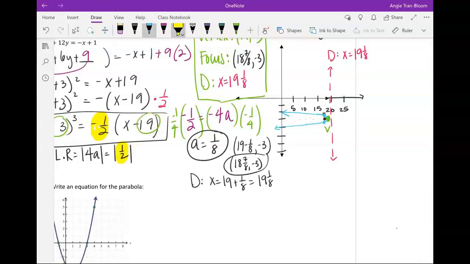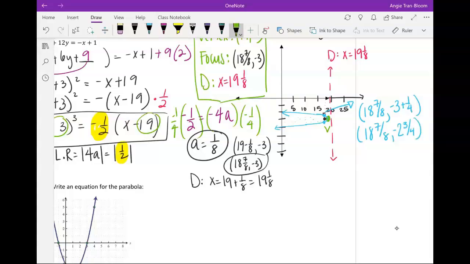So if I ask you to find the latus rectum point on the top here, we take the y value of the focus, so the x value should be exactly the same. The y value is -3, and we're going to add a quarter. Of course, we simplify. So 18 and 7/8, comma, -2 and 3/4 is the top point.